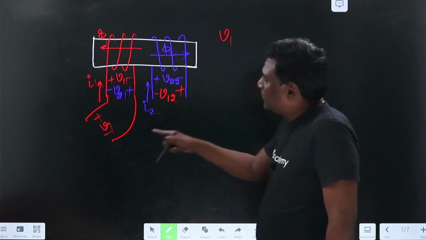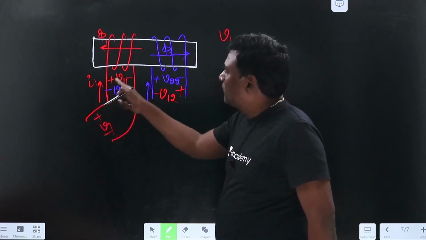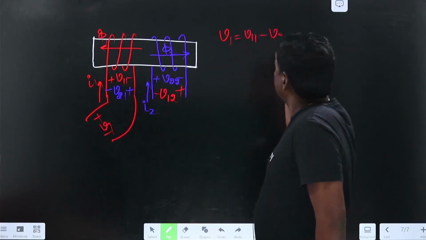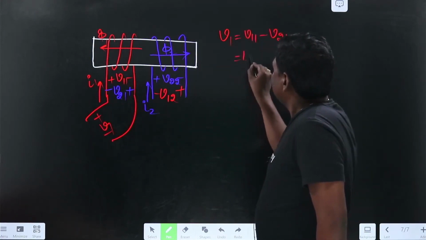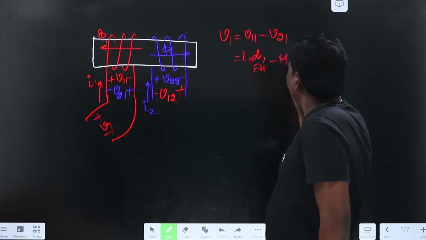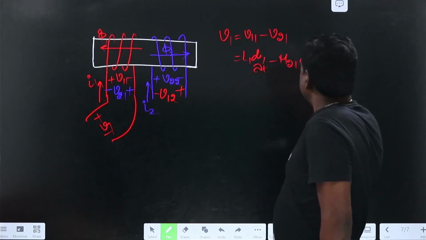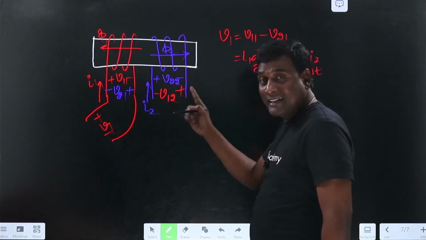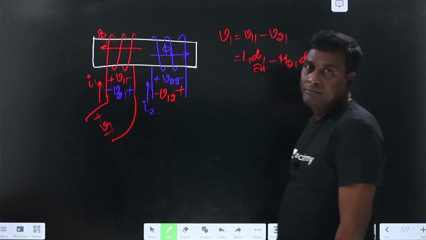Now V1 equals plus V11 minus V21, meaning that L1 di1 by dt minus M21 di2 by dt, because of the second coil current induced voltage here, di2 by dt.